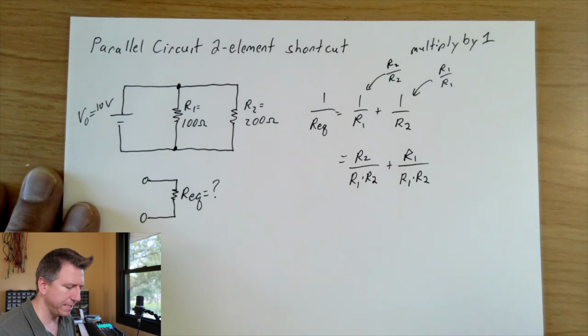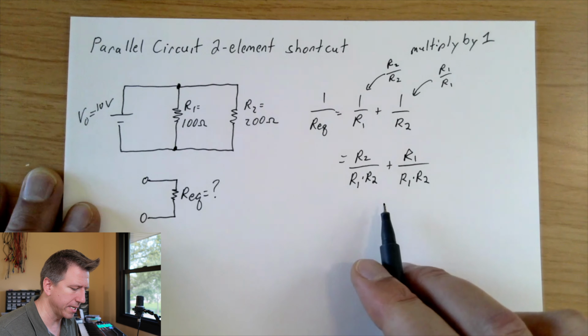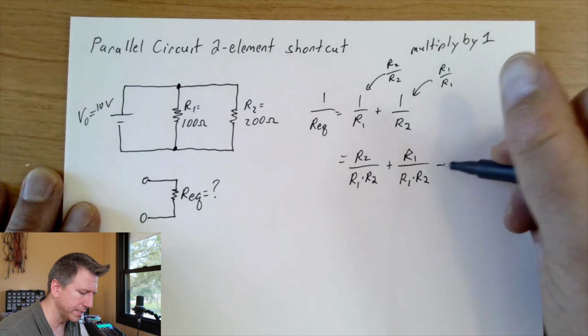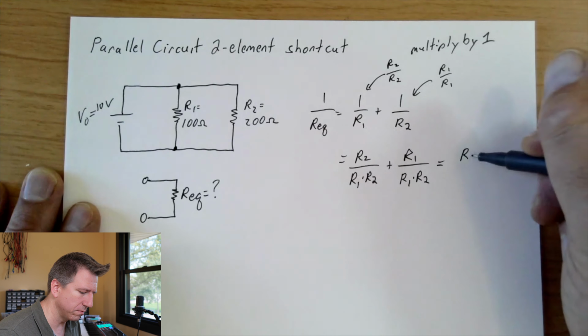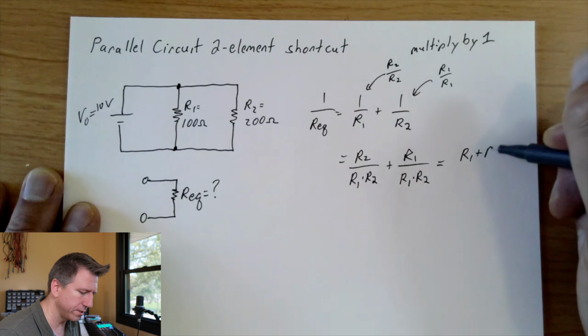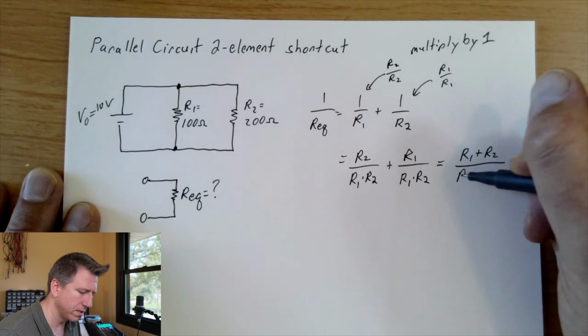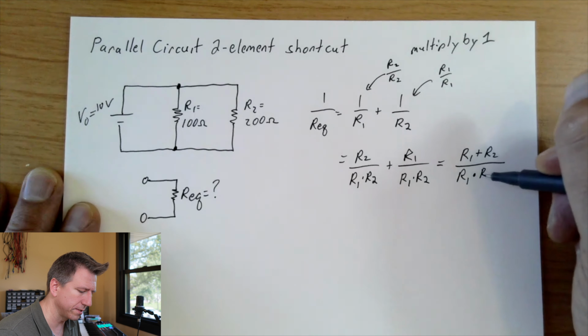So we have the same denominator now, a common denominator. And so we can write this as simply R1 plus R2 over R1 times R2.